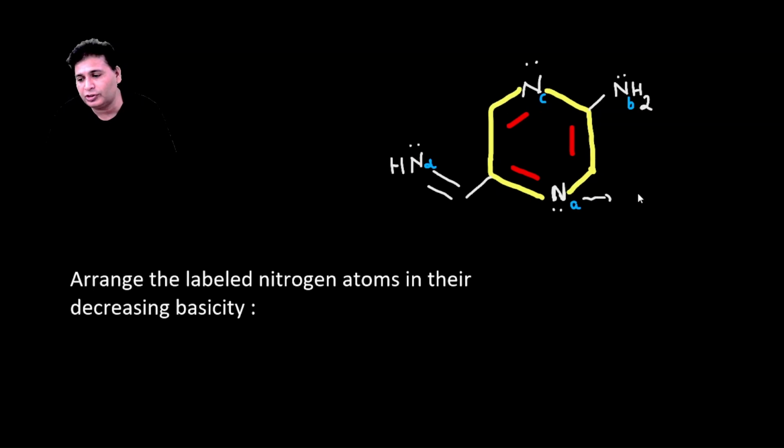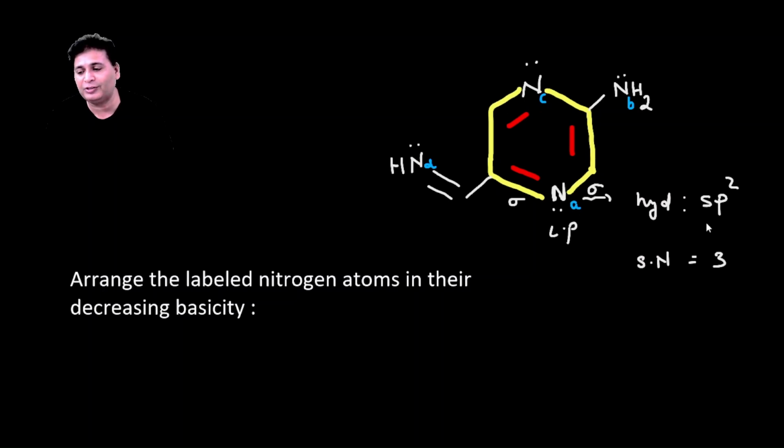And you understand, if you try to find the hybridization of this nitrogen, then it is very interesting that you have to find the sigma bonds and lone pair associated with this nitrogen. So you can see there is one sigma bond here, one sigma bond here, and this is a lone pair. On this account, you can say that the steric number, that is the sum of sigma bond and lone pair, is 3, and therefore the hybridization must be sp2.